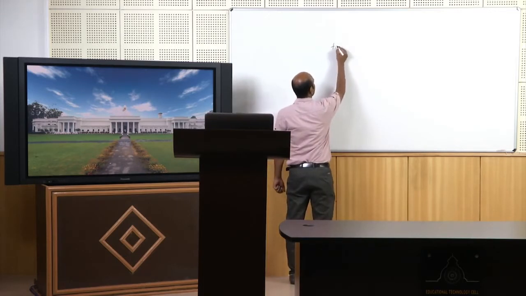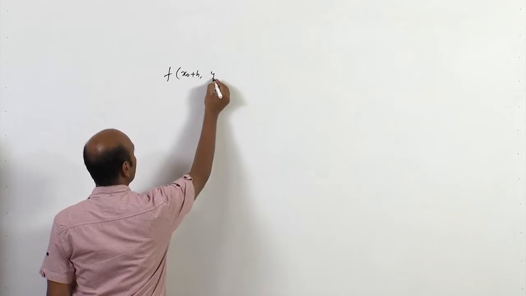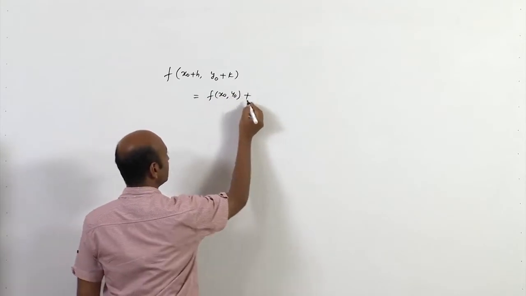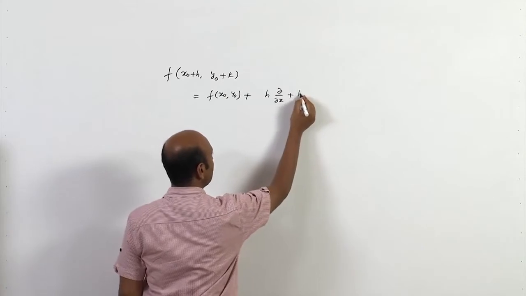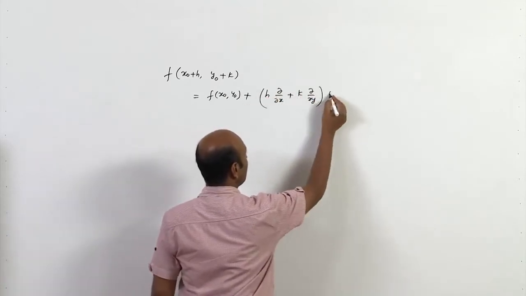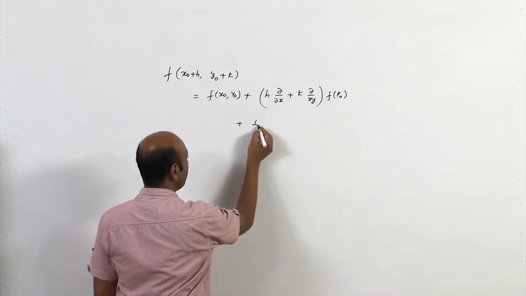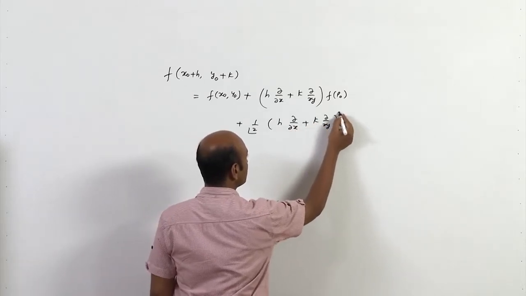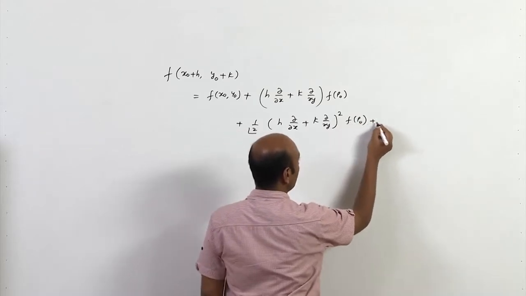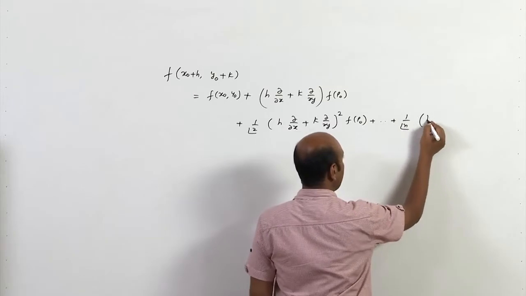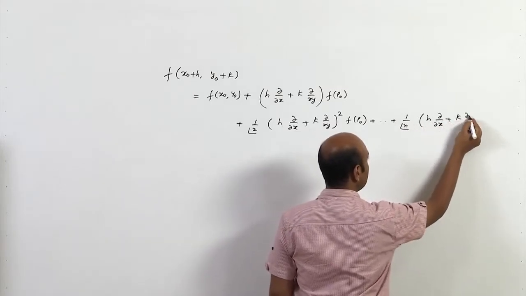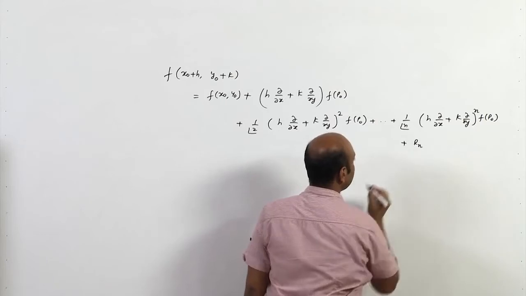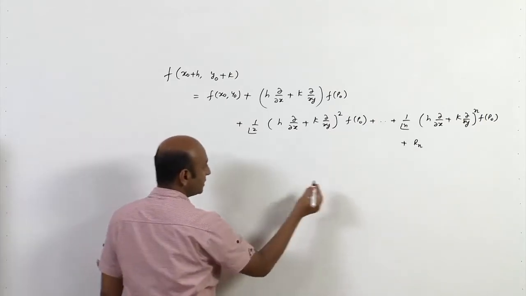If you have f of x naught plus h, y naught plus k, that will be equal to f of x naught y naught plus h del by del x plus k del by del y of f at p naught, plus 1 by factorial 2 h del by del x plus k del by del y whole square f at p naught, and so on, 1 by factorial n h del by del x plus k del by del y whole raised to power n f at p naught, plus remainder term, where p naught is x naught y naught.